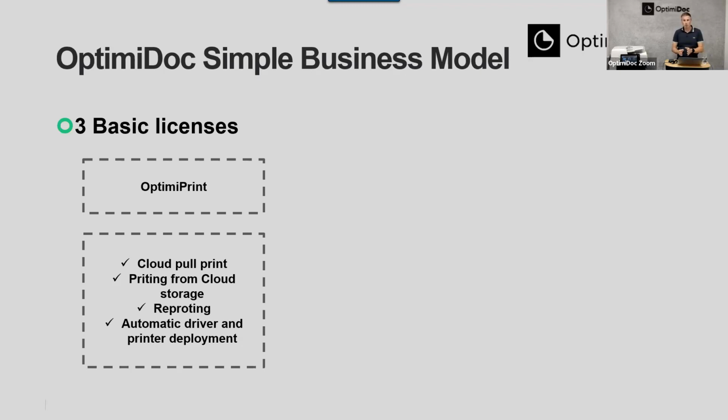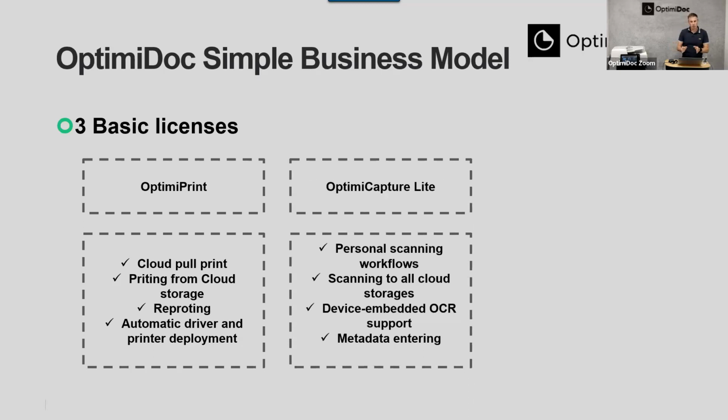When we are talking about document capture, there we have the OptimiCapture Lite, which provides the complete possibilities to create personalized scanning workflows for every employee in the organization, with support of all cloud storages. It doesn't matter if it's Box, Dropbox, Google Drive, OneDrive, or whatever.